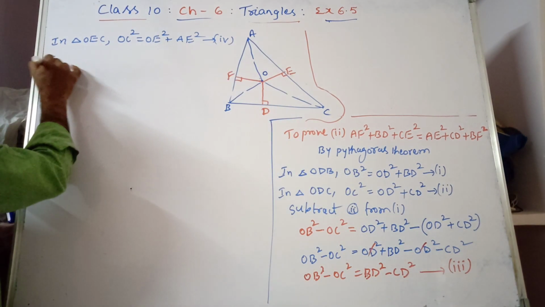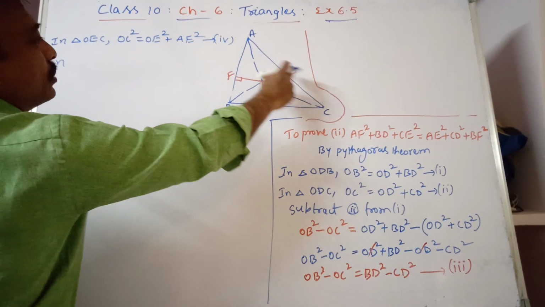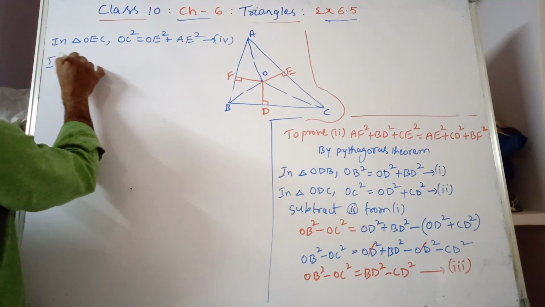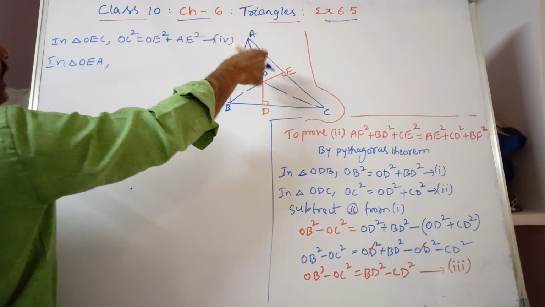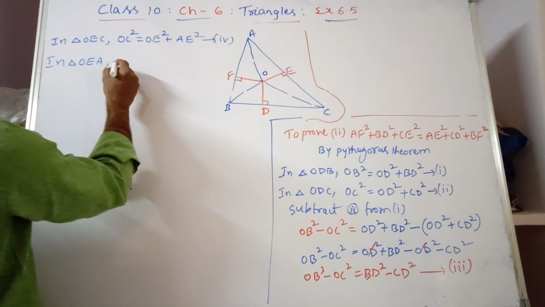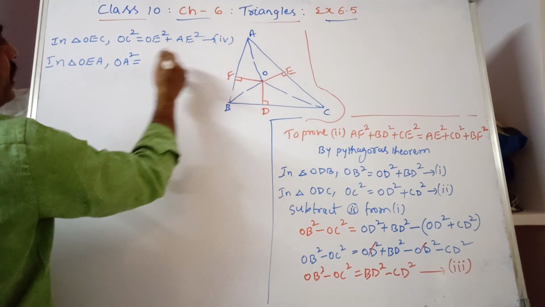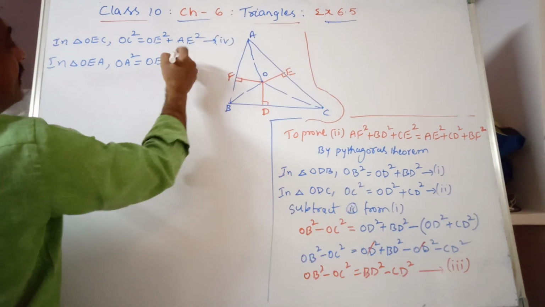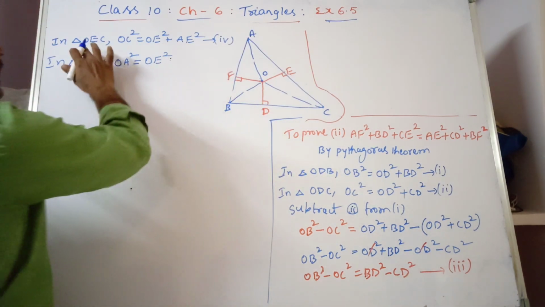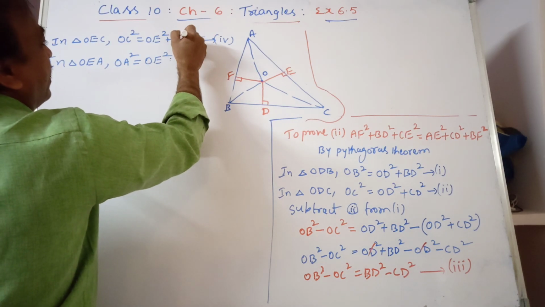Next, in triangle OEA. We took OEC, now we are taking OEA. In triangle OEA, apply Pythagoras property. OA square is equal to OE square plus, in triangle OEC here, CE square or EC square.